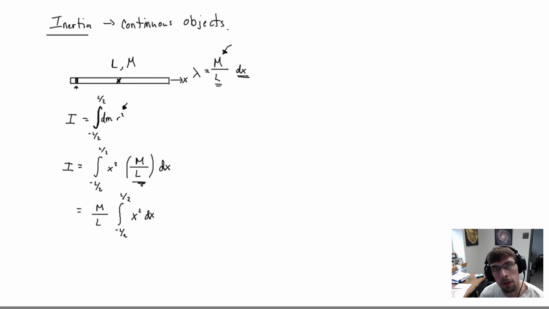The question then becomes, what function, when you take a derivative, gives you x squared? Good, one third x cubed. So evidently we have m over L times one third x cubed. You can see if I take the derivative of this, I end up with x squared. And I need to evaluate this at the two endpoints, L over 2 and negative L over 2.